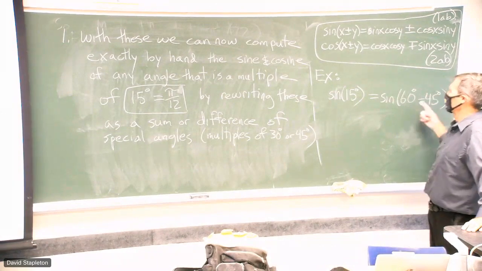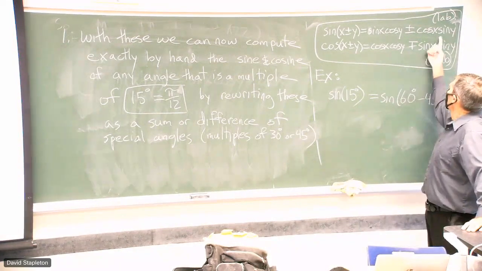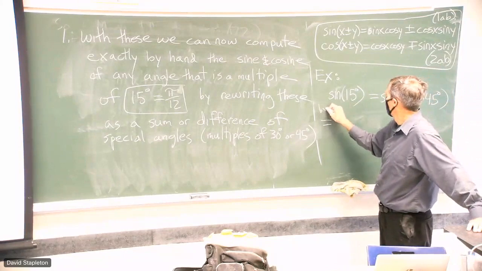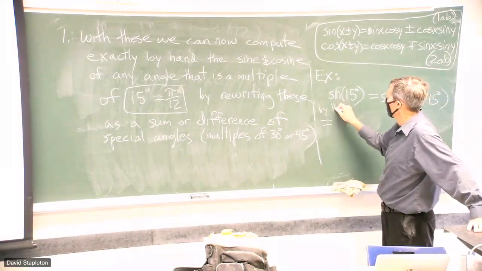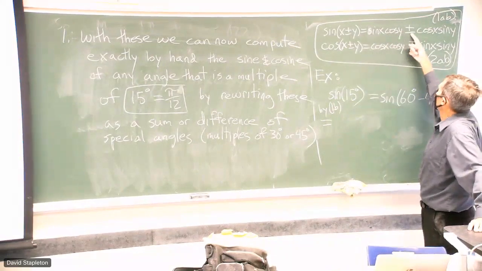These are both special angles, multiples of 30 and 45. So now by equation 1A, excuse me, 1B, since it's a difference, by equation 1B, sine of x minus y is sine cosine minus cosine sine.